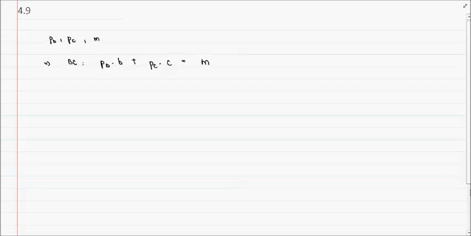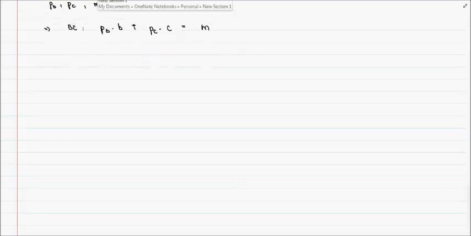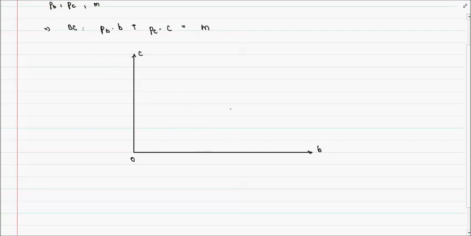Okay, so we just have to draw that on a diagram, which is very straightforward. Over here I've got a diagram where I put C on the vertical and B on the horizontal, with 0 over here. Now I do not know the values of PB, PC, and M, so I just plot randomly on the diagram, knowing that the horizontal intercept is M divided by PB, and the vertical intercept is M divided by PC.